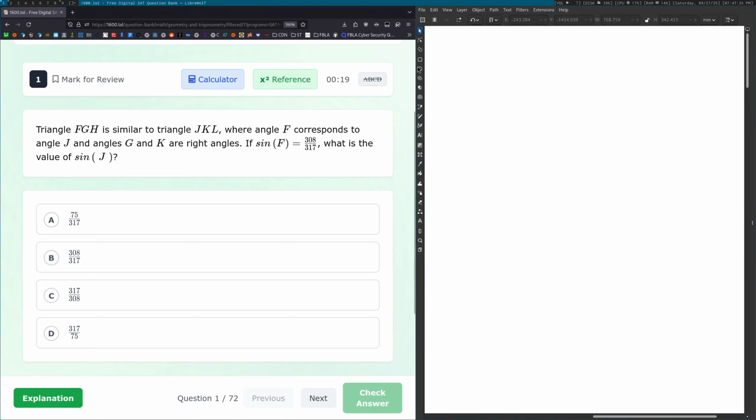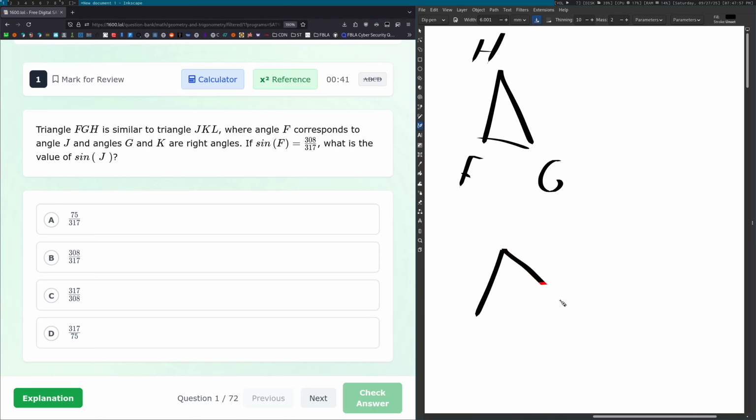Let's get that triangle in. Let's say this is F, G, H. I'm not going to worry about scale. It's only the ratios that matter. Okay, it's similar to JKL. Let's just assume this one's a lot bigger.